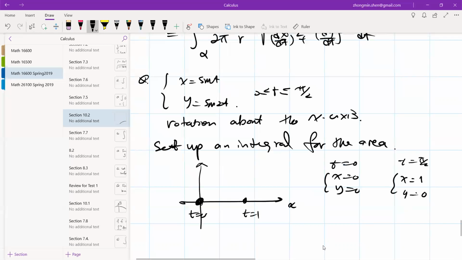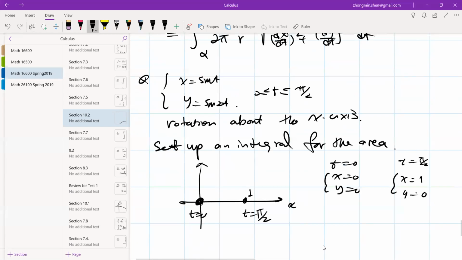Imagine, you really don't need the exact picture, okay? When t increases, the x value always increases, because for t from 0 to pi over 2, sine t is an increasing function. So x increases from 0 to 1, okay?